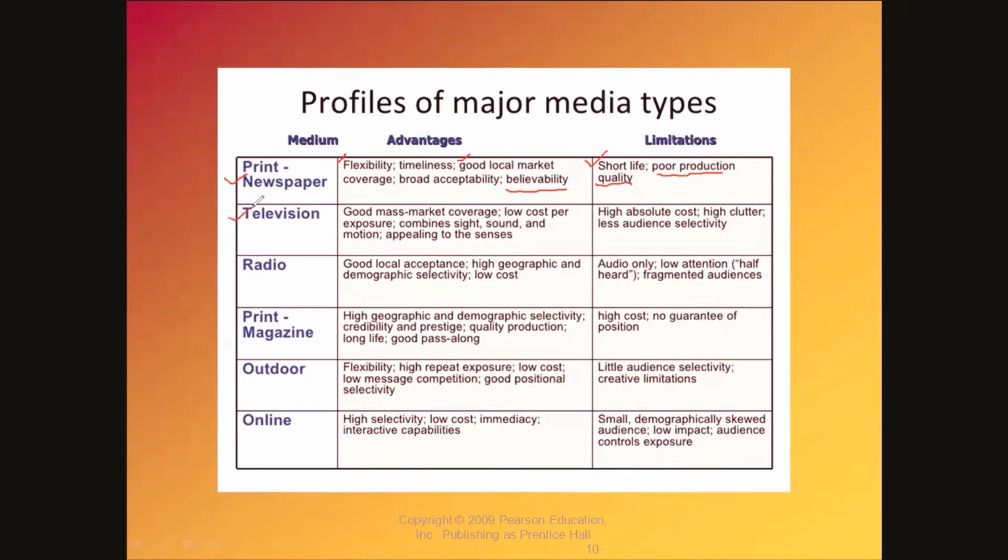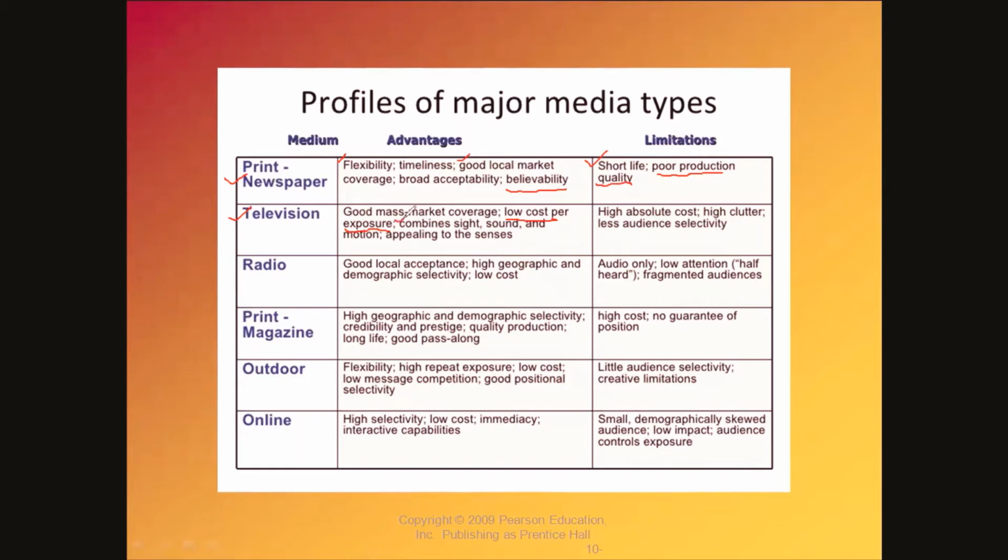The next category is television. Television is suitable for mass market coverage and it has got low cost per exposure. If you calculate the total amount spent on a television ad and the total number of exposures, then the per exposure cost will be lower as compared to other media types.